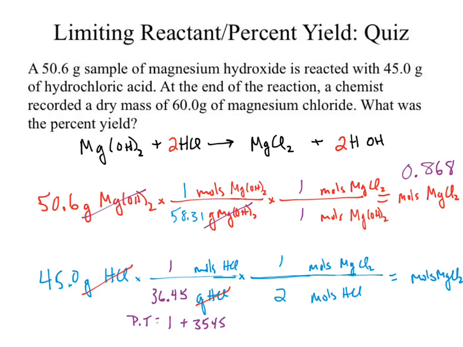Wait, I just heard 2 different numbers. He gave you the moles of HCl. It's the moles of magnesium chloride, 0.6 something. 0.5? Okay, what are our units? Sorry, not our units. What's our limiting reagent?